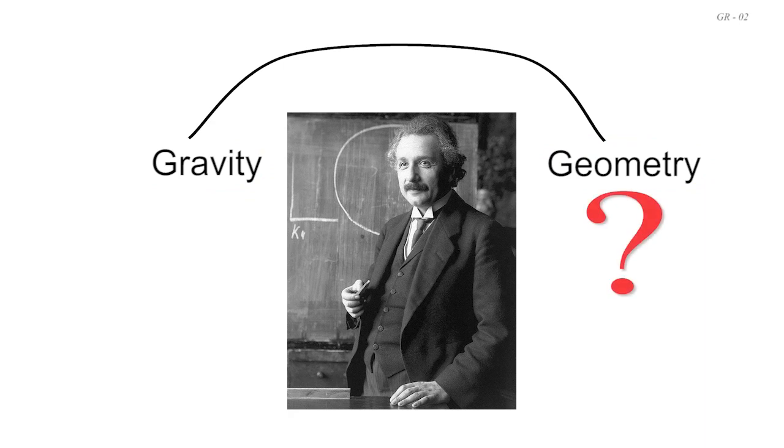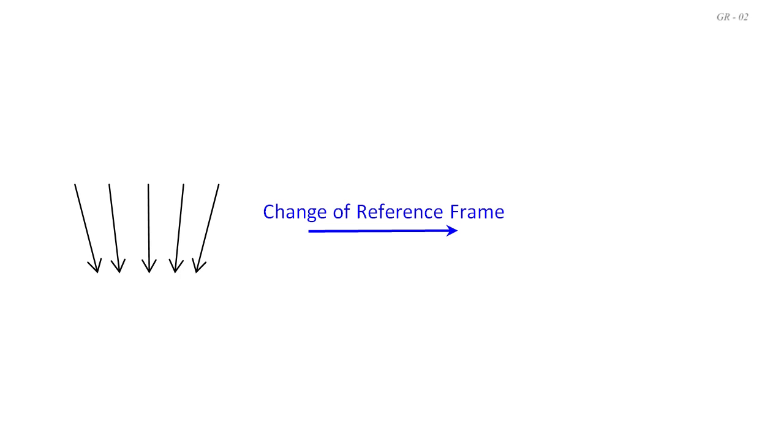But why geometry? Well, I suppose, to put it simplistically, if you had what seemed like it could have been a gravitational field, and if, by a change of reference frame, you could make it look everywhere like a constant acceleration with parallel lines, then it clearly could not have been due to a real gravitational field.